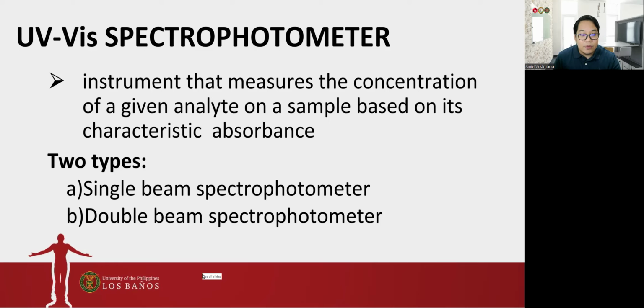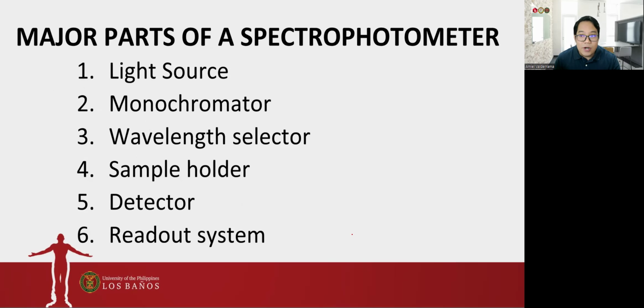Before we proceed, let's go through the major components of the spectrophotometer. We have the light source, the monochromator, the wavelength selector, the sample holder, the detector, and the readout system. These six major parts are arranged in this order on a block diagram, in a linear manner.